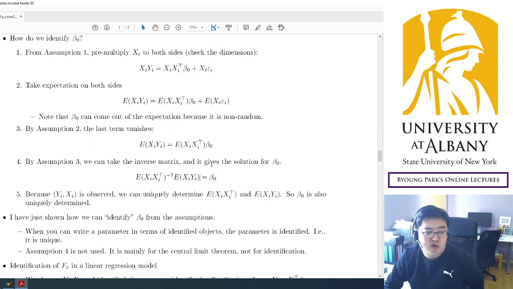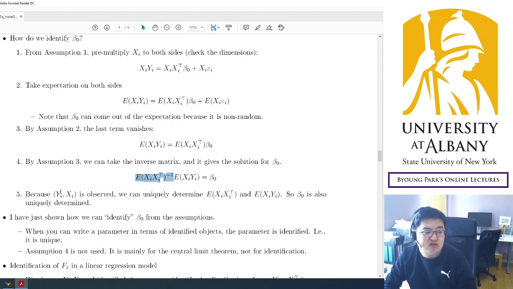And the reason why it is unique is that if you observe an infinite number of observations of x and y, then you can uniquely calculate the expected value of xy. And also the inverse of the expected value of xx transpose can be uniquely calculated from your infinite number of observations.